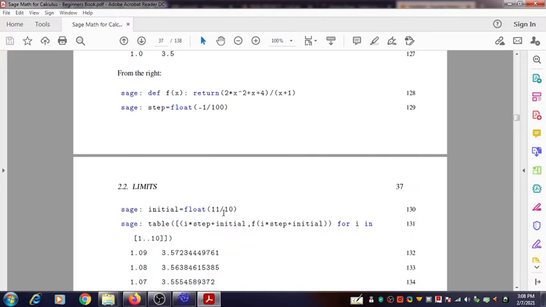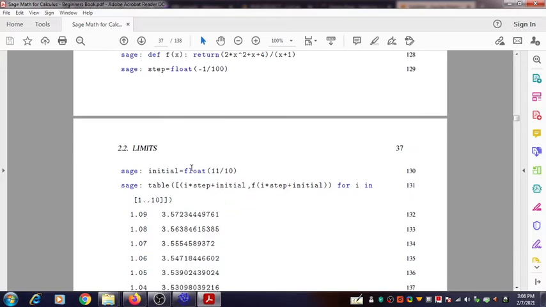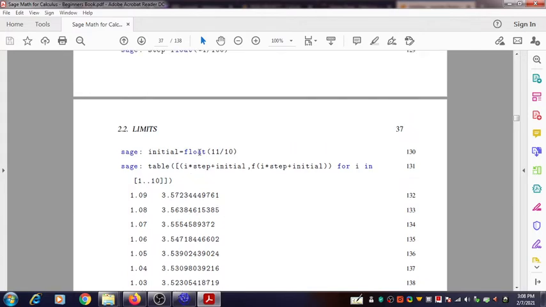That means 1.1. So this is the starting point from where the calculation of the function at the limit points of the intervals begins. 11 by 10 means 1.1. From 1.1 we then reduce the value.